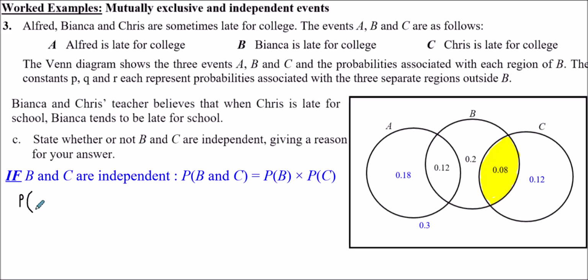So probability of B and C is 0.08. And P(B) times P(C).